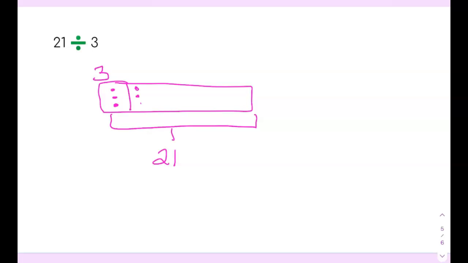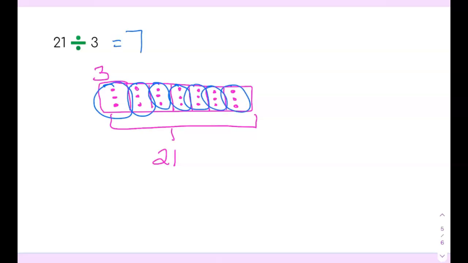So 3, 6, 9, 12, 15, 18, 21. And how many groups do we have? 1, 2, 3, 4, 5, 6, 7. So here we showed 21 divided by 3 in each group gives us 7 groups.